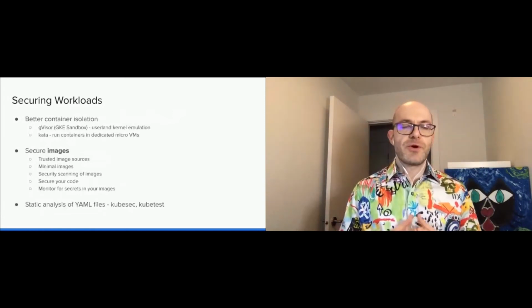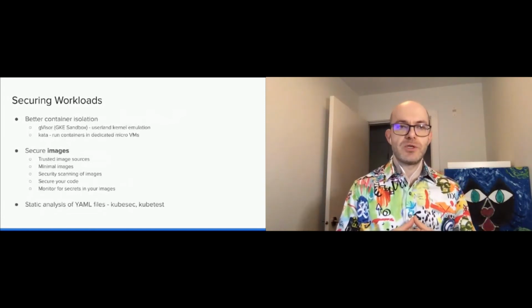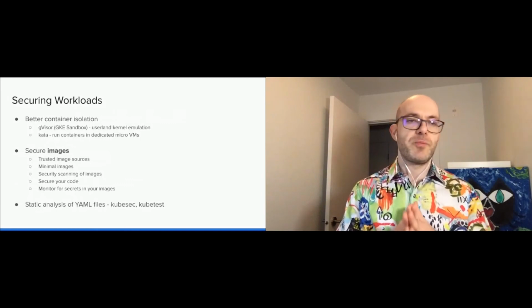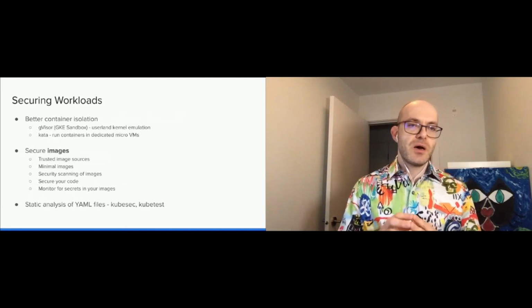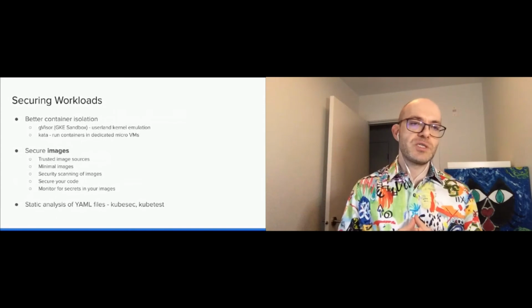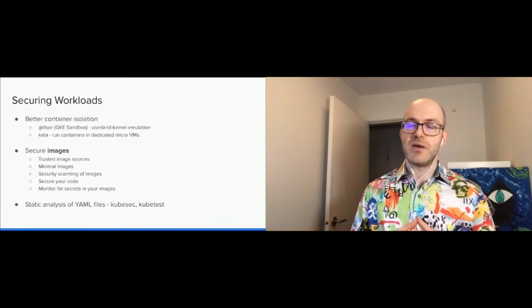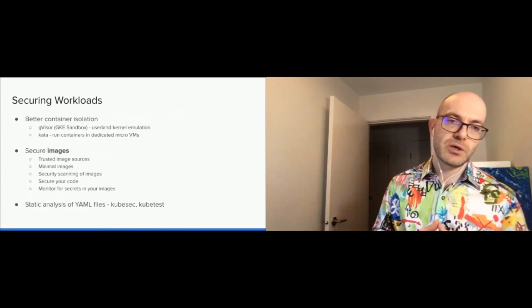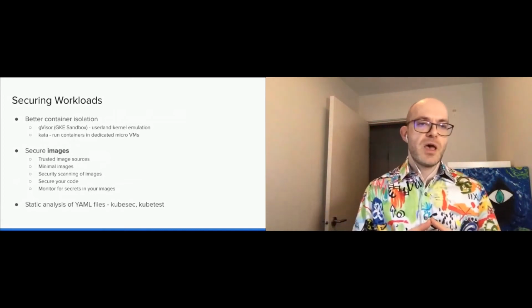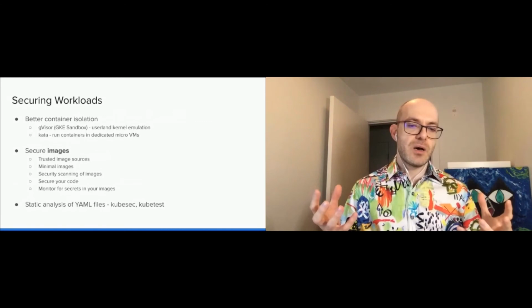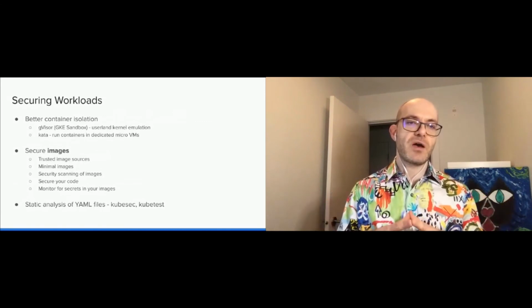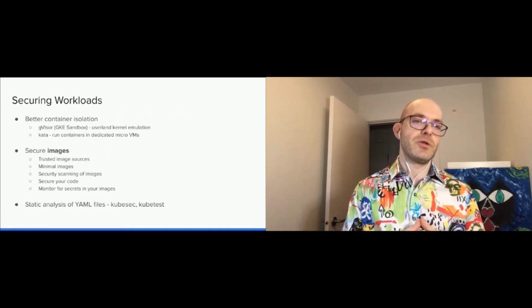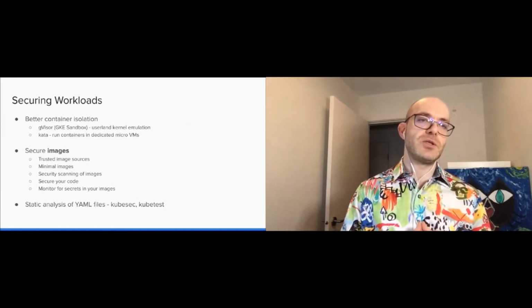Some more things with regard to securing the workloads. There are options potentially for better container isolation. Only Google at the moment supports one of these. They're rolling out something that they call GKE Sandbox, which uses a technology called gVisor, and that essentially allows better segregation through the fact that the kernel that the containers see is not the actual kernel of the host. It's a userland emulated kernel.